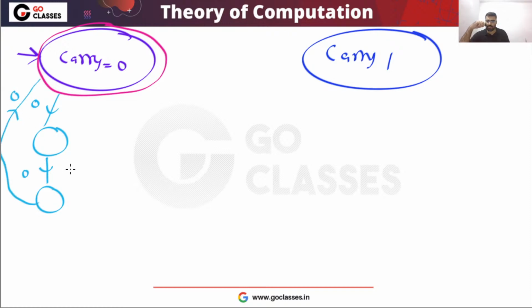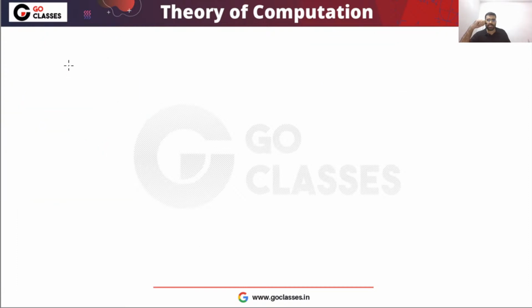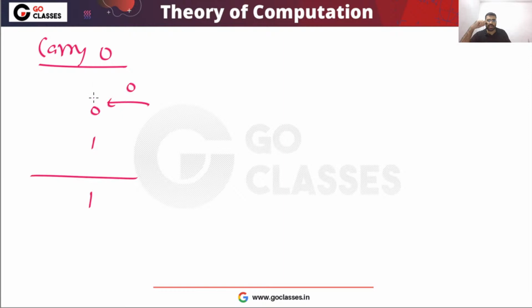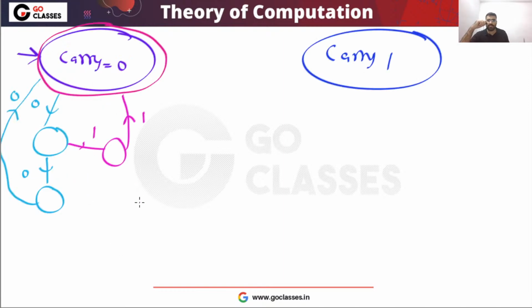Next, after 0, if 1 comes, in the carry 0 state, the carry is already 0. So the next symbol will be 1, and I will go to carry 0 state.